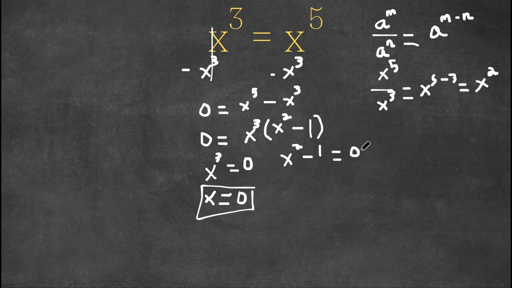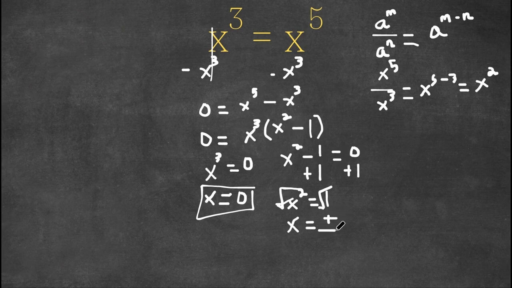Now we have x squared minus 1 equals 0. So if we add 1 on both sides, we get x squared equals 1. Now, if we take the square root on both sides, because we just want x, these two cancel out, so we get x equals positive or negative 1.